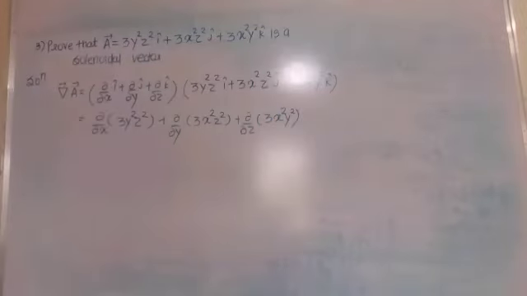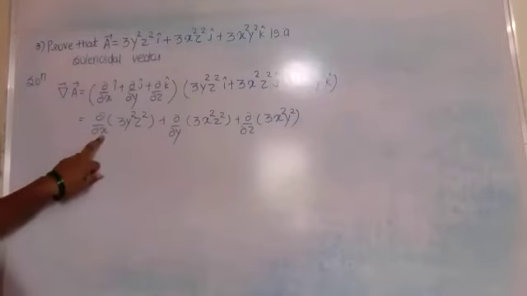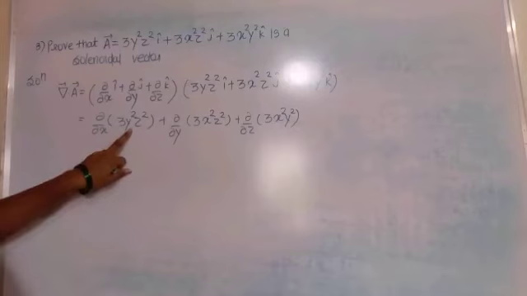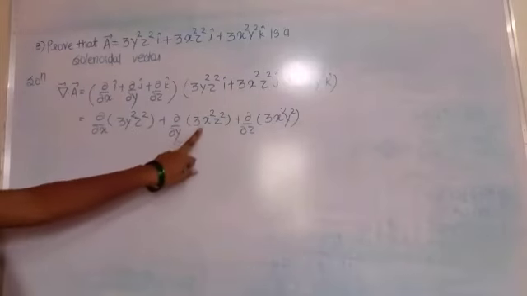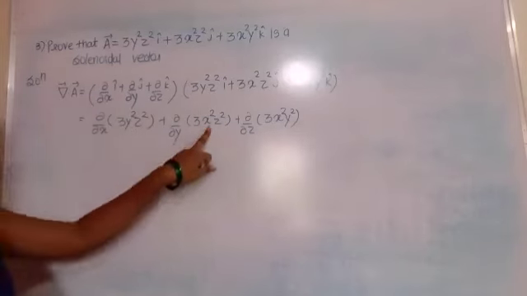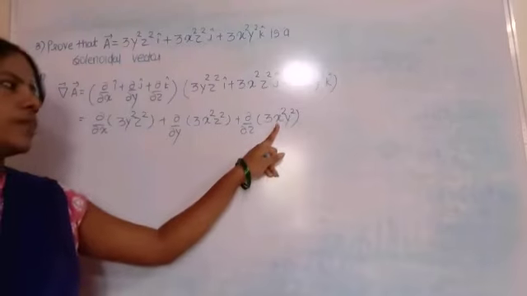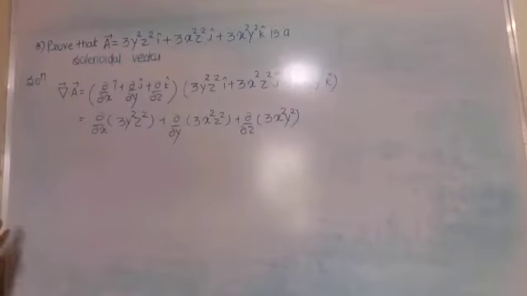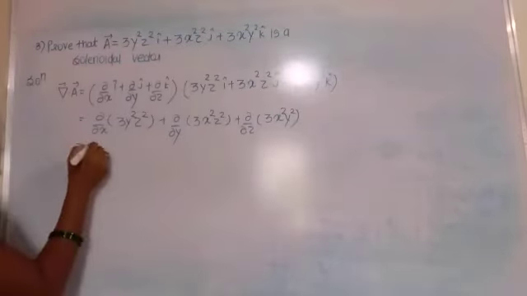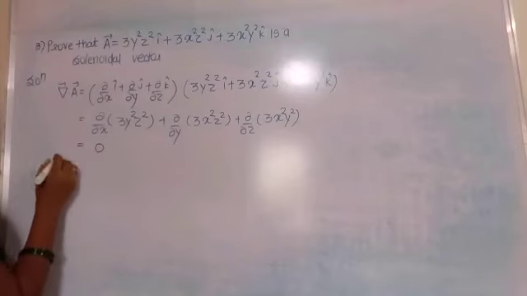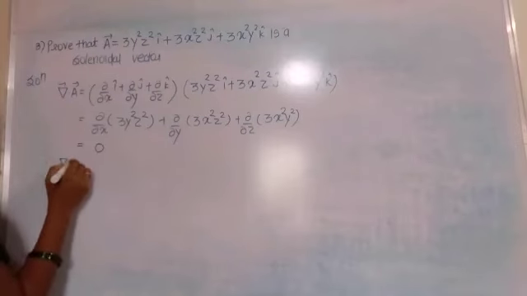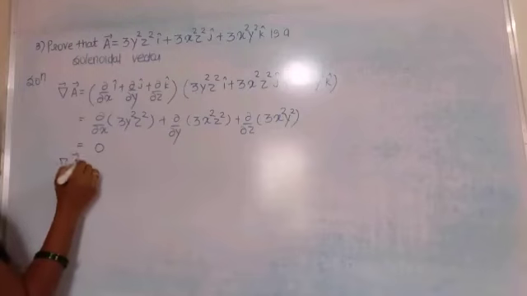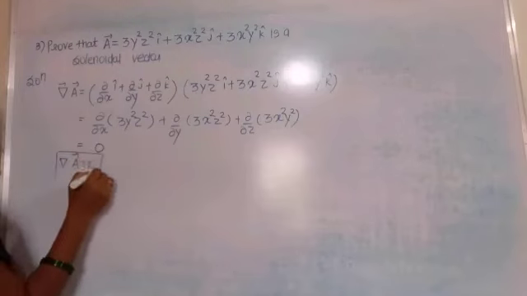Okay. But we know that here there is no x term for differentiation with respect to x, here the differentiation is with respect to y but no y is present in the term, and for z, no z either. This means the derivative of a constant term becomes 0, so the divergence of A is equal to 0.